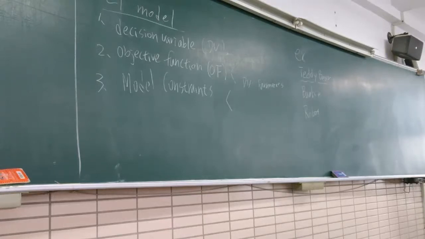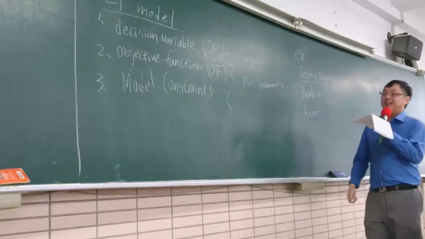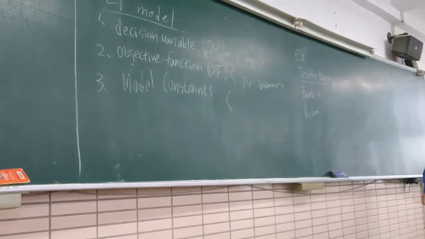And the manager will tell you, we want to find how many of each of them to produce to maximize our profit. So you will see, oh, this is the objective, maximize profit. And you know what is the decision variable?